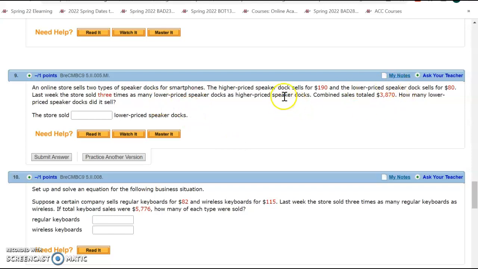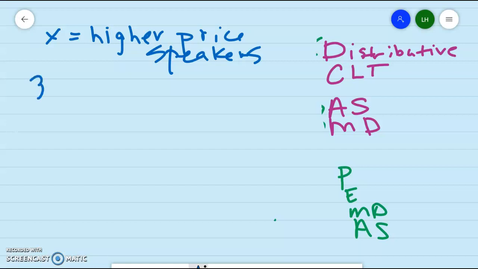The lower price speakers sell for $80. Last week the store sold 3 times as many lower price speaker docks as higher. So you're going to sell 3 times as many. So 3x is going to be your lower price.